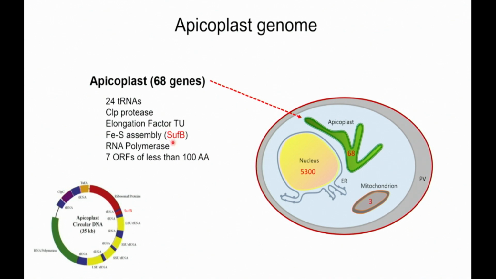This is a gene that's predicted to be part of a biosynthetic pathway for making enzyme cofactors called iron sulfur clusters. That's really the only hint you get from the apicoplast genome itself, that there may be the ability to make these clusters. I'm going to come back to this gene in the end and its existence in the apicoplast genome, because I think this provides some hypotheses about some of the behaviors we've observed for the apicoplast as an organelle.